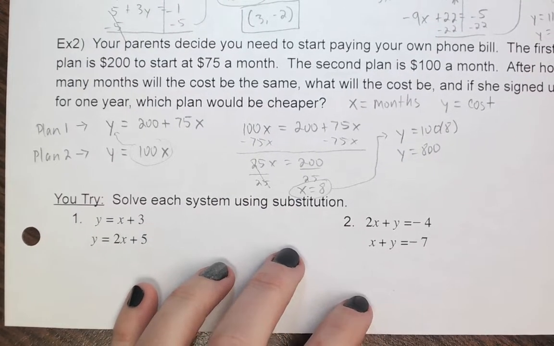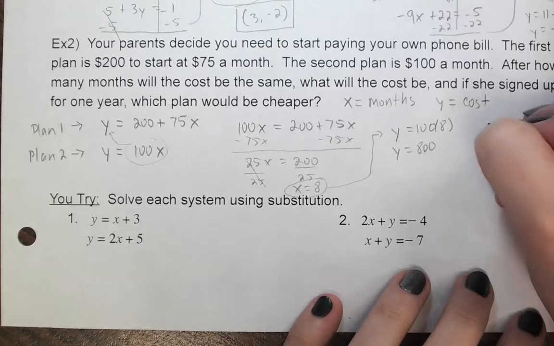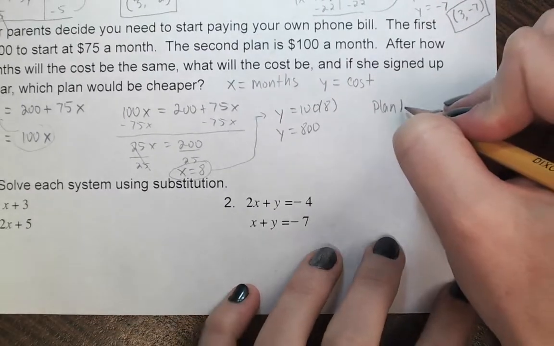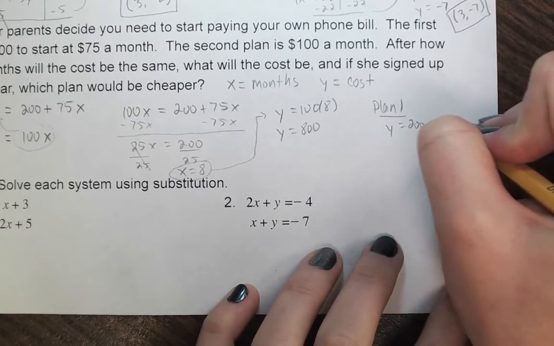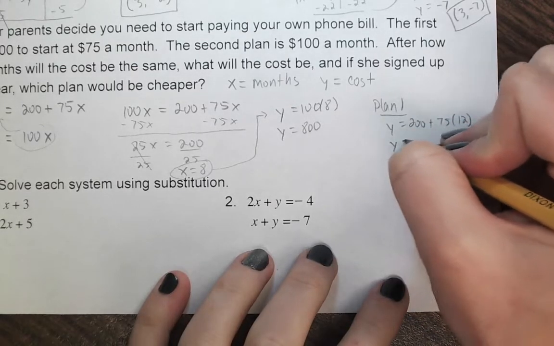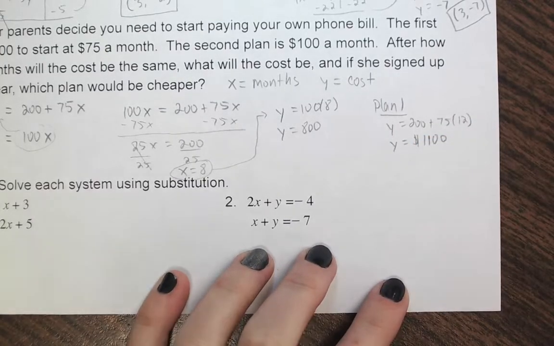Okay, so if she signed up for 1 year is 12 months. So we could substitute this into both of them and see. So plan 1, if I plug a 12 in there, 75 times 12 gives us 900 plus the 200 means that plan 1 would cost $1,100 for a year.